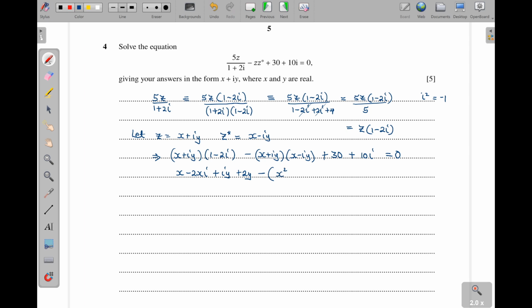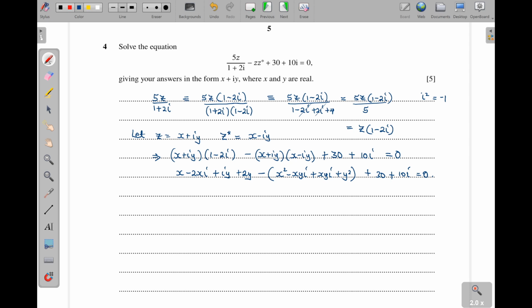This one is going to be x squared minus xyi, then this times this, that will be a positive xyi, and then here we shall have minus y squared i squared, which will be plus y squared, then plus 30, plus 10i, which is equal to 0.